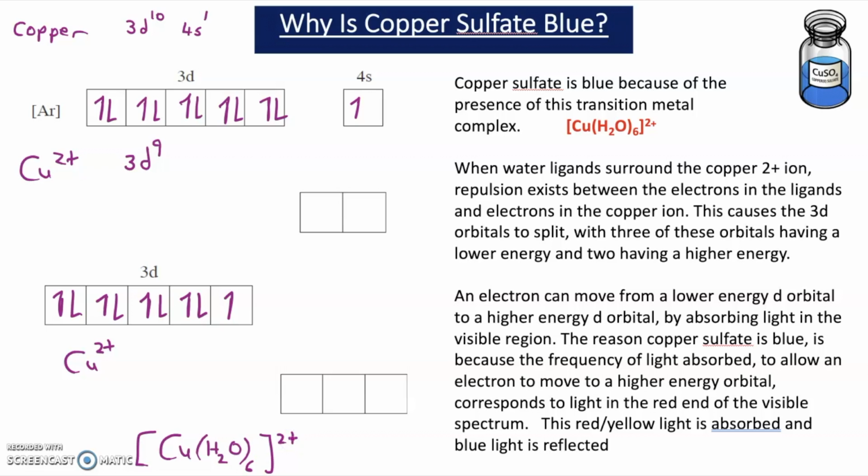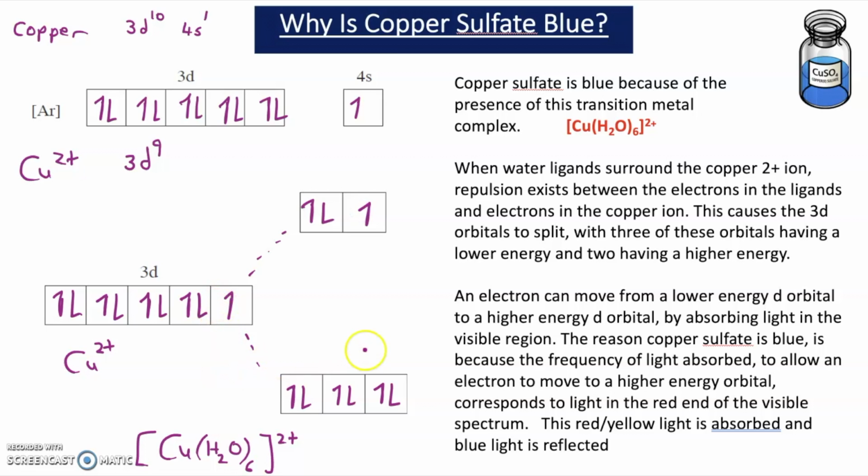Now the colour is caused by the presence of [Cu(H2O)6]2+. And when water molecules surround the copper 2+ ion, the 5 d orbitals no longer are the same energy. This is because of repulsion. Water molecules have electrons, and so does the copper 2+ ion.